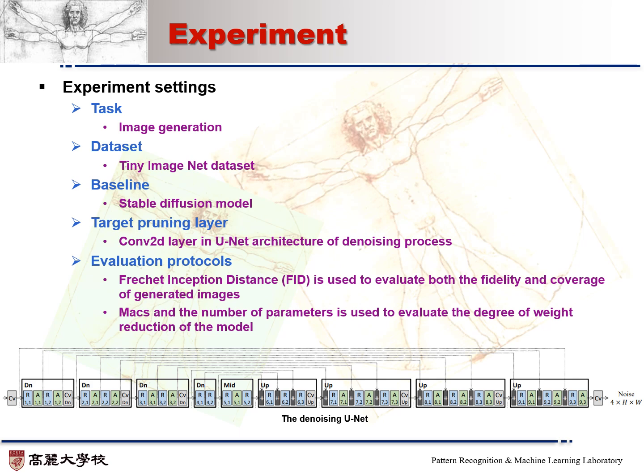Second, I measure the multiply-accumulate operations, MACs, and the number of parameters to quantify the degree of weight reduction in the model. These metrics help demonstrate the computational efficiency of my pruning approach.